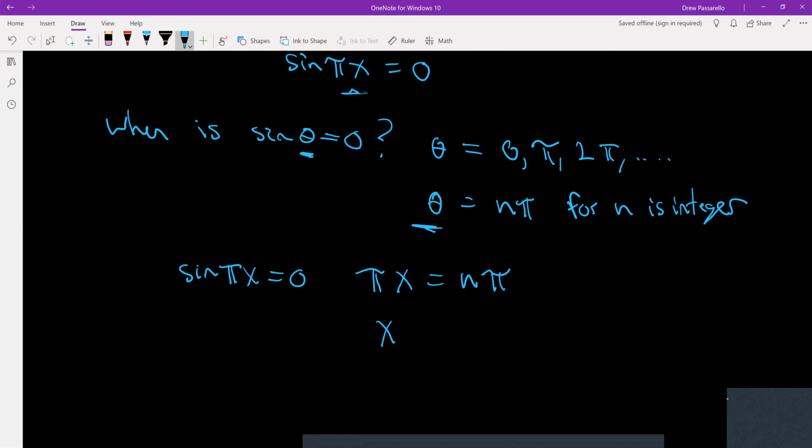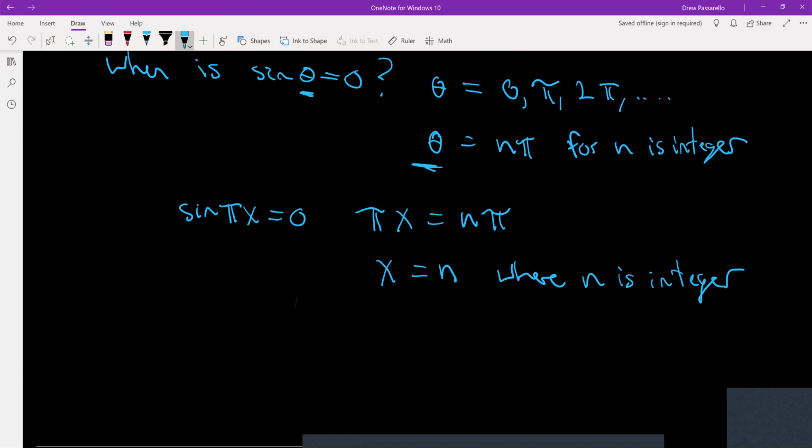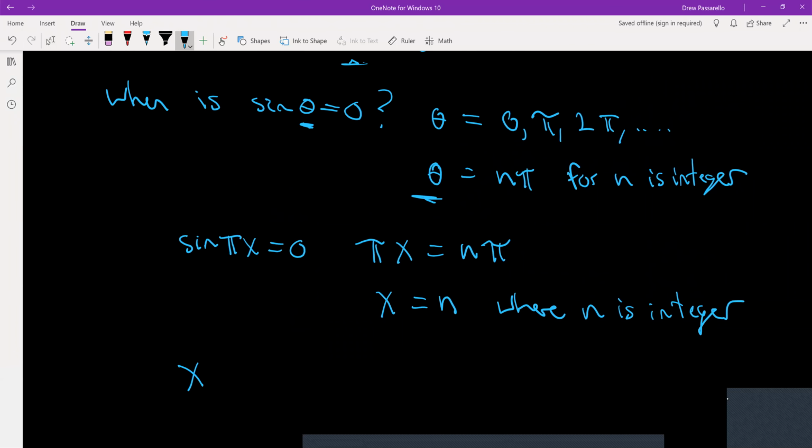So you get x equal to n, where n is an integer. All right, so integers, like you could have dot dot dot, negative 2, negative 1, 0, 1, 2, dot dot dot. Now we have to consider what our interval in question is.